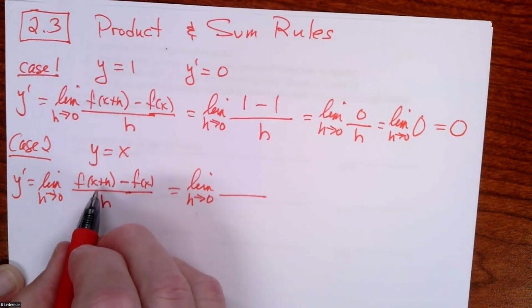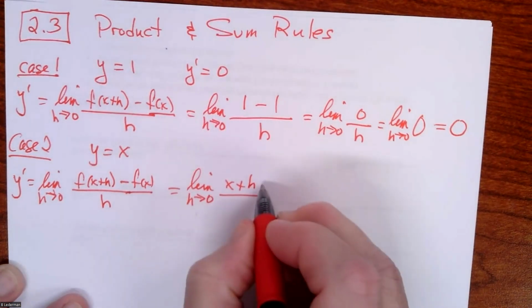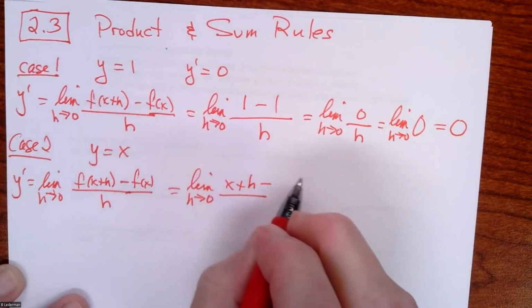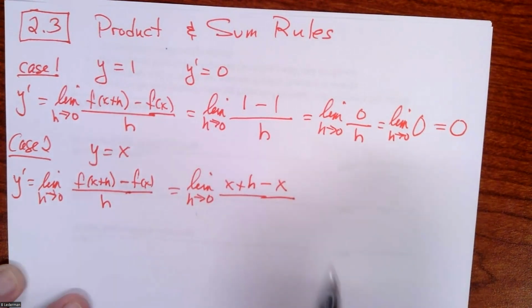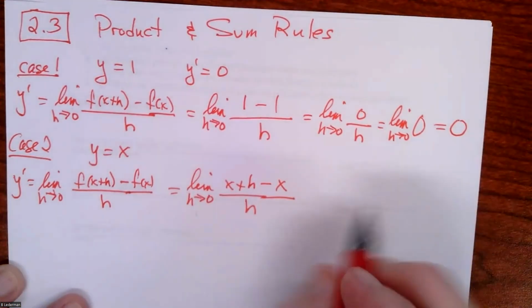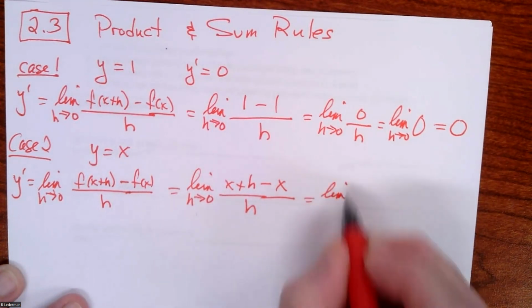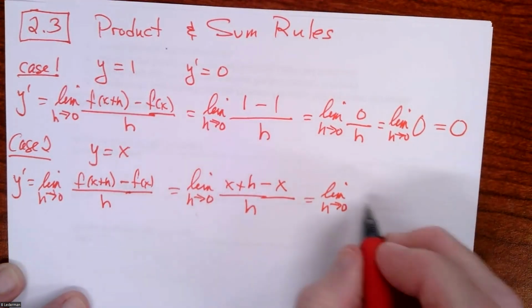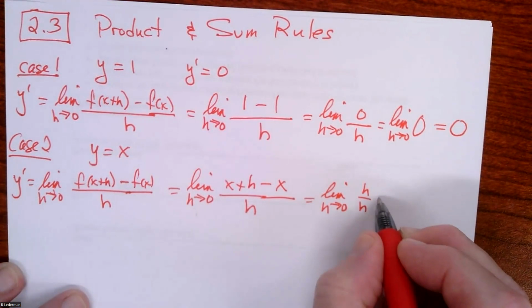So this is just x plus h minus f of x, which is just x, over h. And that is equal to the limit as h goes to 0 of h over h. But h over h just reduces to 1.